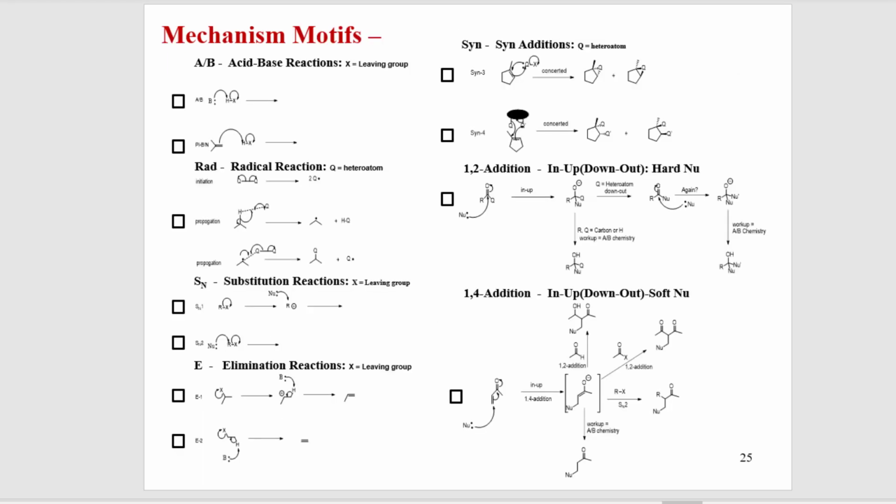I want to end with this slide, which is something that I'd like for you guys to print out and have next to you, just like a periodic table. This is sort of a cheat sheet summary of the mechanistic motifs I want you to learn.